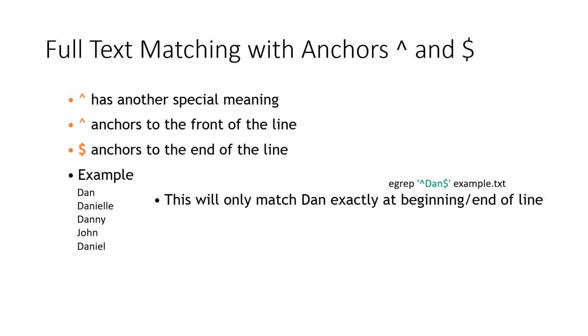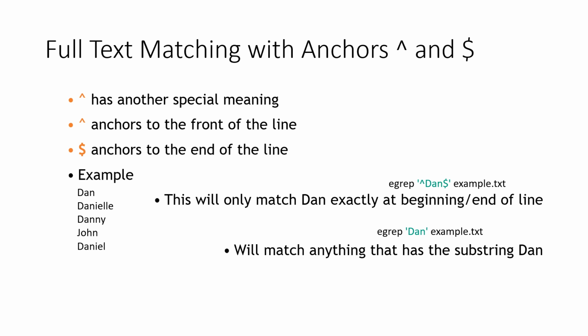So exactly one word is going to get outputted, which is exactly the name Dan. If you instead do egrep and then Dan in single quotes with nothing around it, then it's going to print out anything that has the substring Dan. So not just Dan, but Danielle, Danny, and Daniel. Of course, it'll skip John because it doesn't have the substring Dan in it.